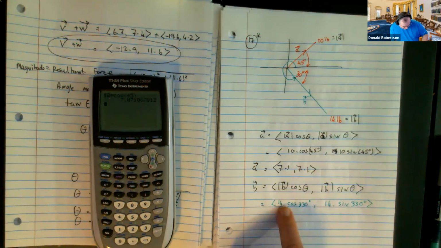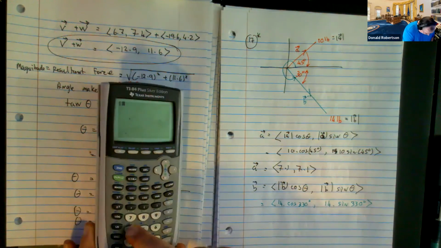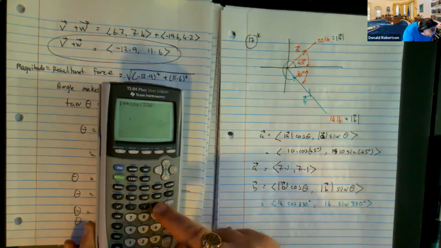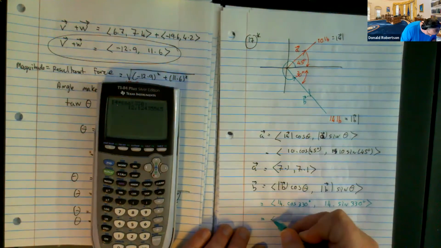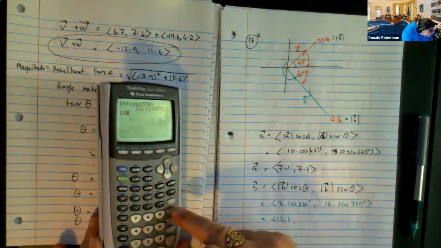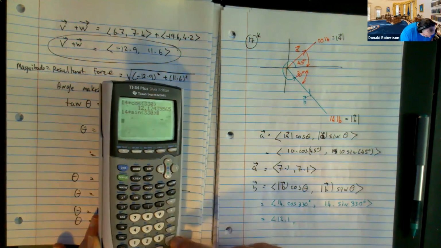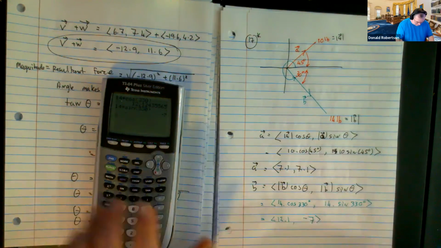So I want this to be positive and I want this to be negative. Let's see what we get. 14 times the cosine of 330 is 12.1 and it's positive. And 14 times the sine of 330 is negative 7, exactly as predicted.